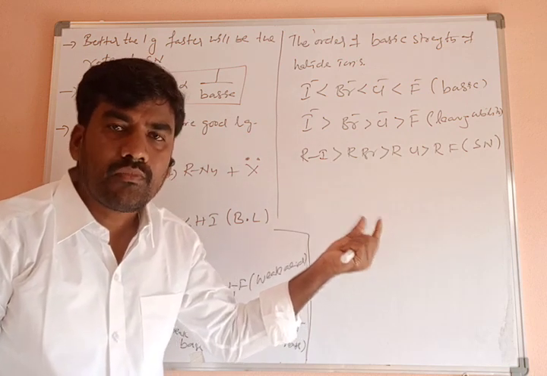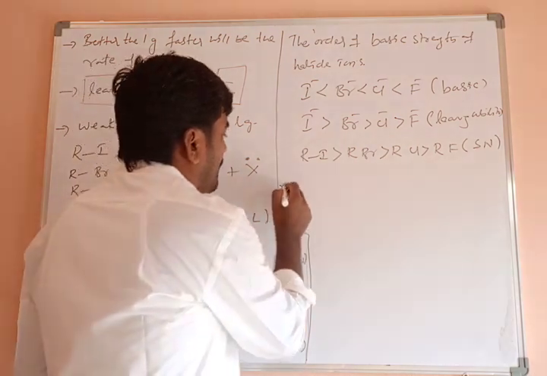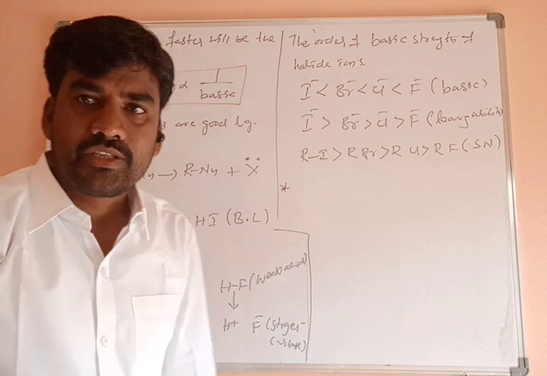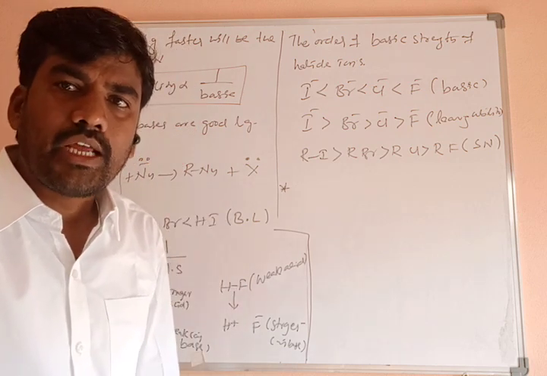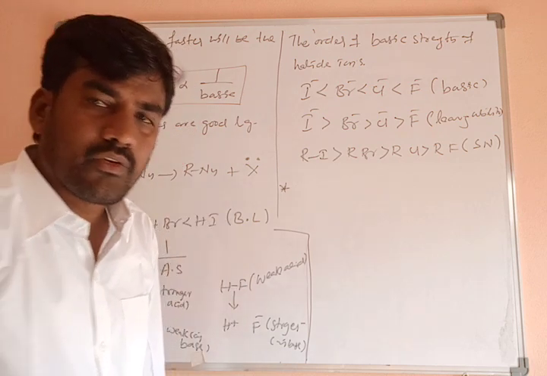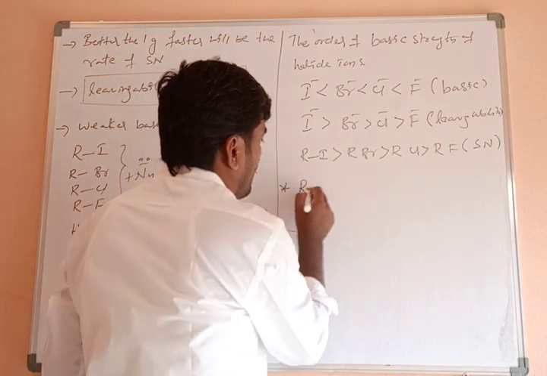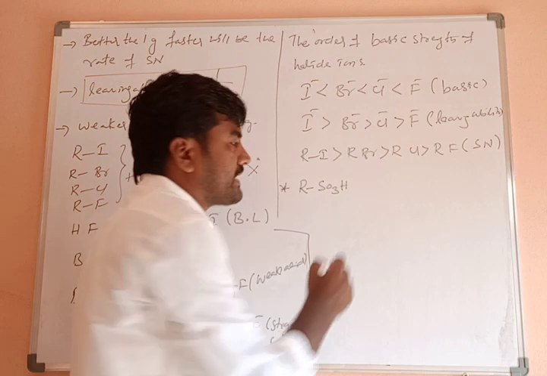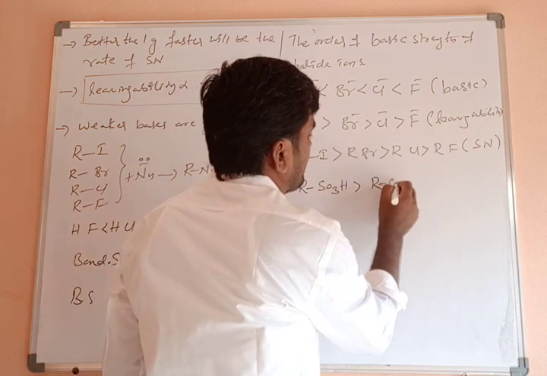Clear? Now in organic compounds, the acidic strength: sulfonic acids are more acidic than carboxylic acids. I am writing that order. RSO3H, sulfonic acids, are more acidic than carboxylic acids.